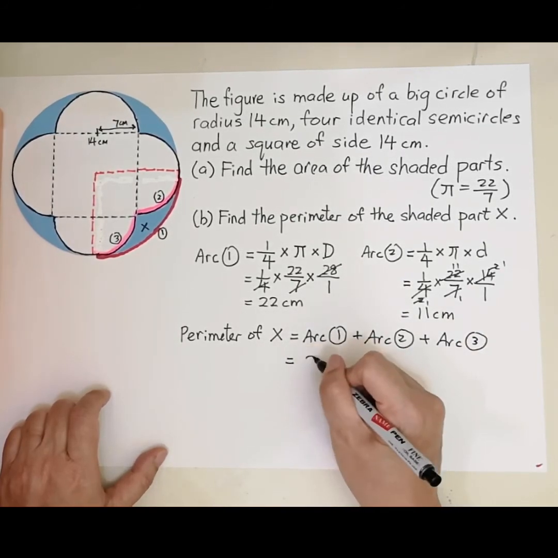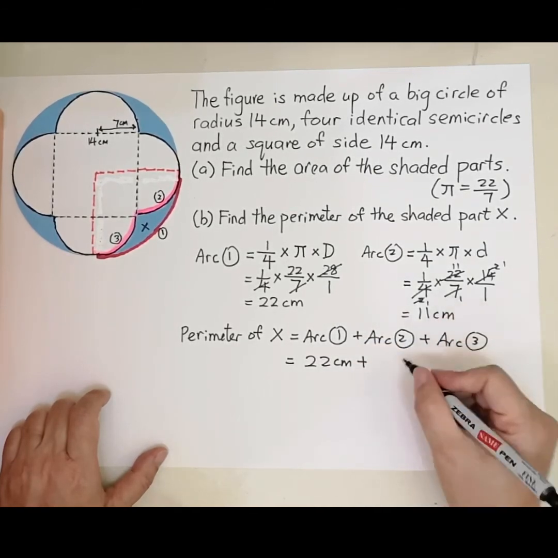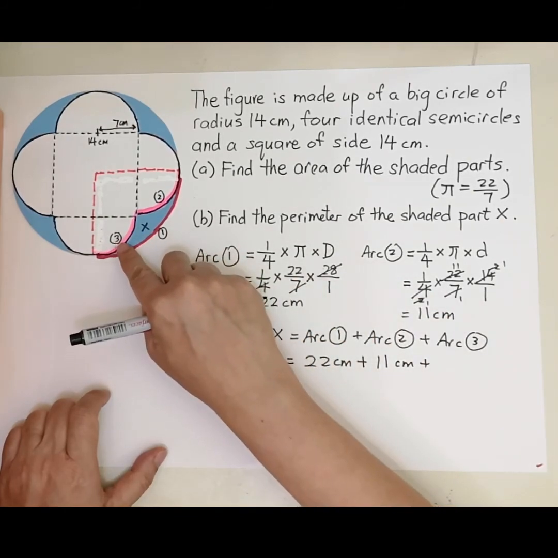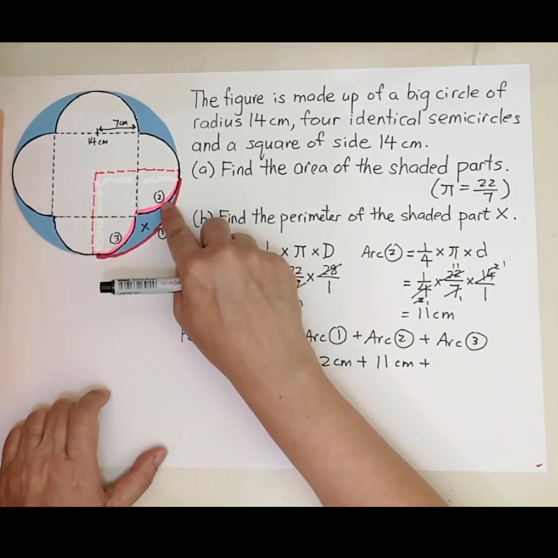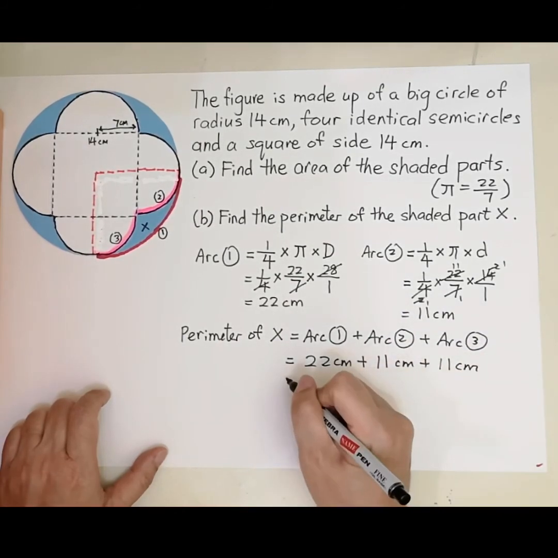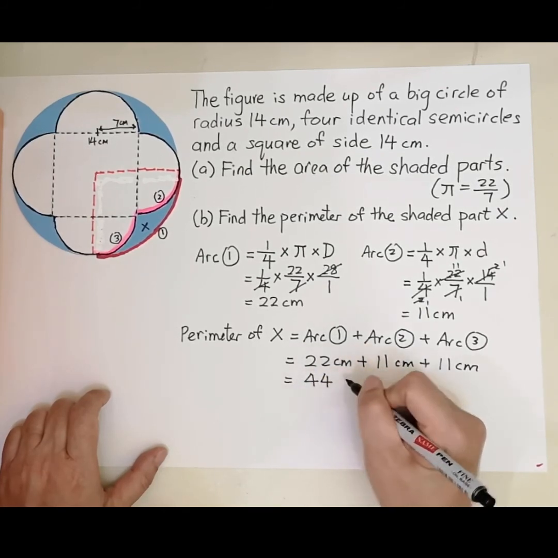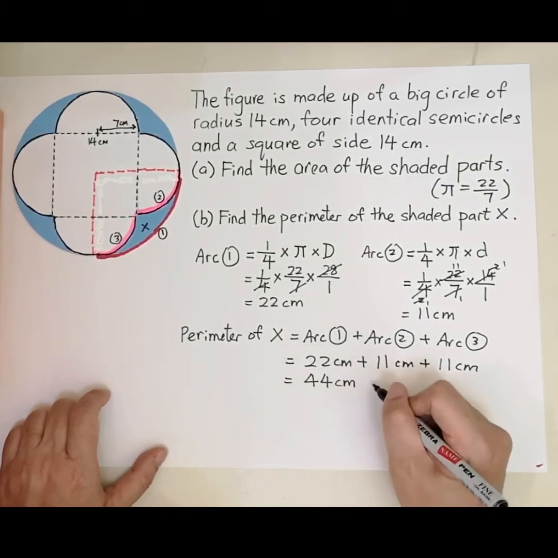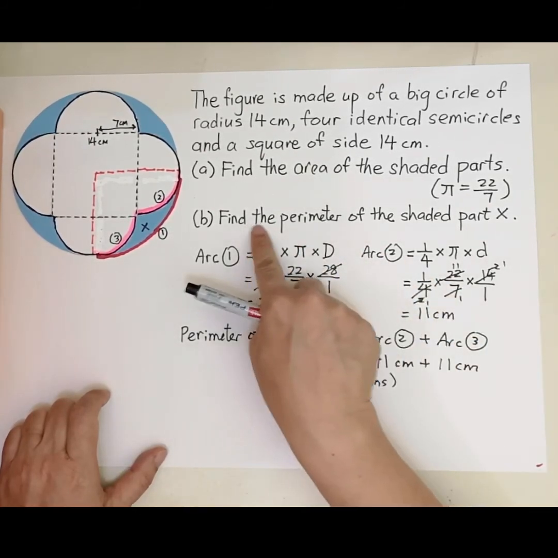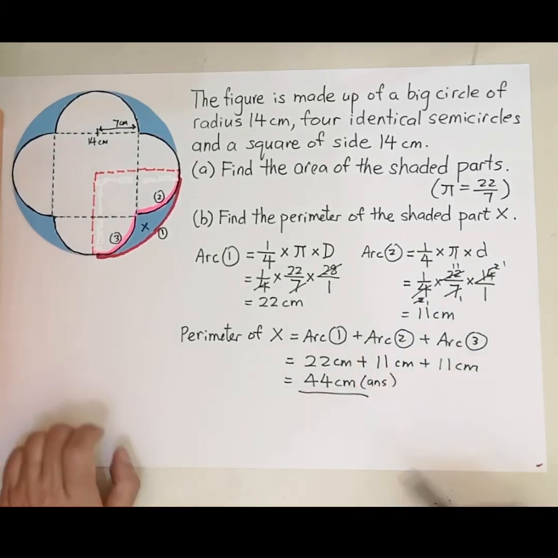Okay, arc 1 is 22 centimeters, arc 2 is 11 centimeters, arc 3 is identical to arc 2, so it will also be 11 centimeters. And if we add them together, that will give us 44 centimeters. So the perimeter of the shaded part X is 44 centimeters.